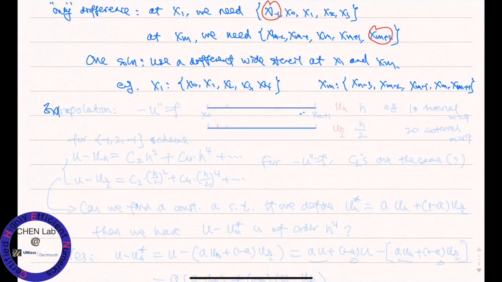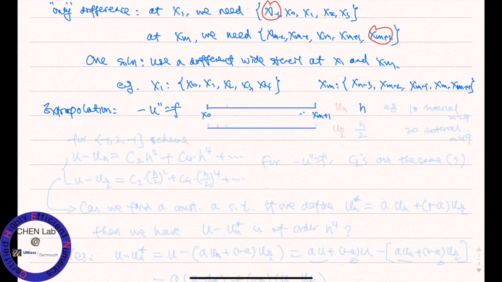The next topic is the so-called extrapolation. The idea is that for the u double prime is equal to f equation, we have a grid, where here is x0, here is xm plus 1, and the mesh size is h.